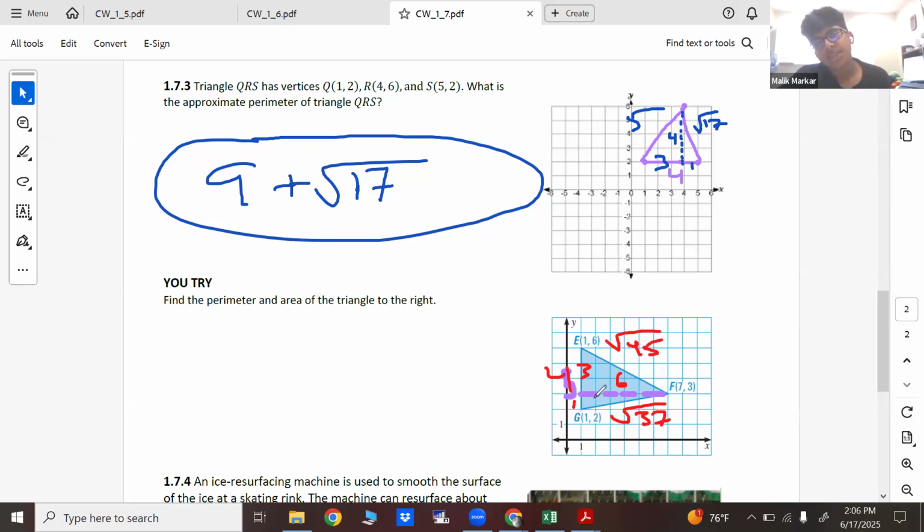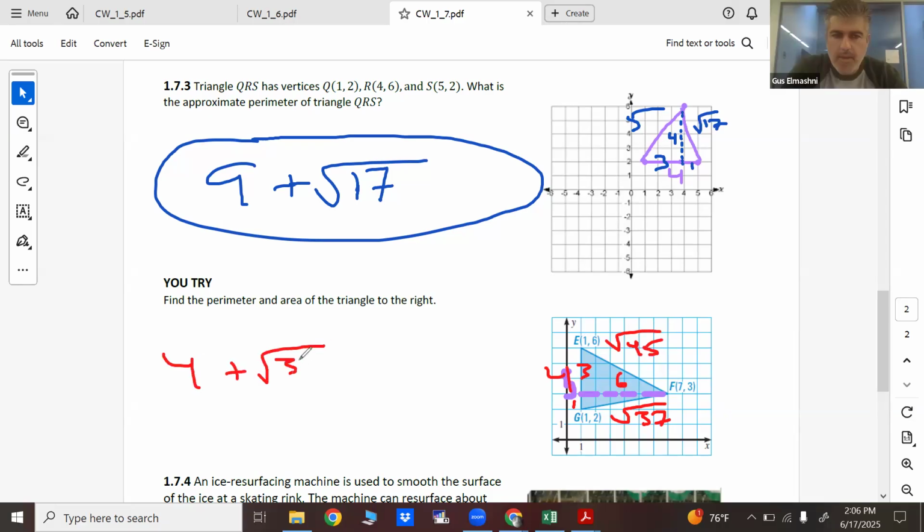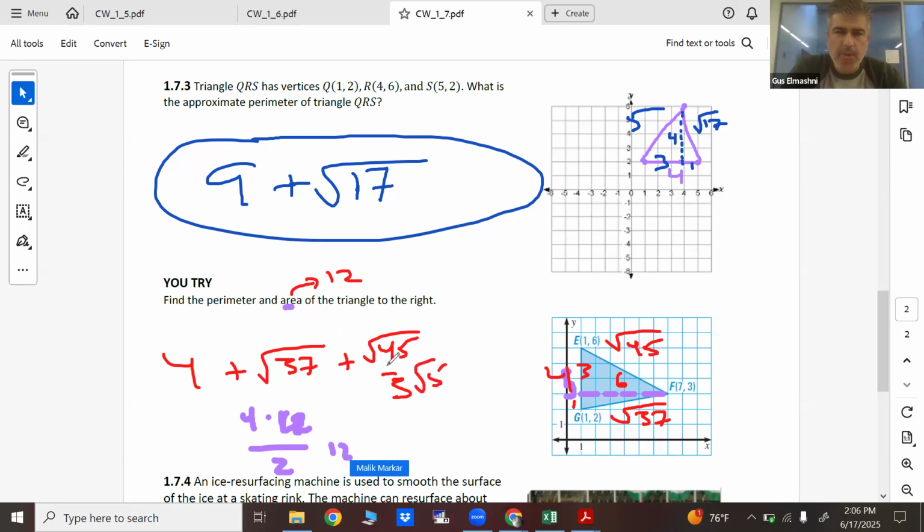And then the area, base times height. Is the area base times height divided by 2? Well, yeah, that's going to be 12 for the area. The perimeter is going to be wacky like this. And root 45 you could write as 3 root 5, because you pull 9 out of it.